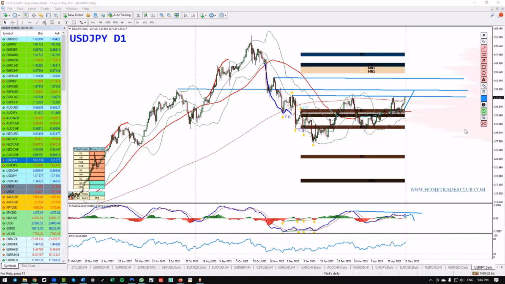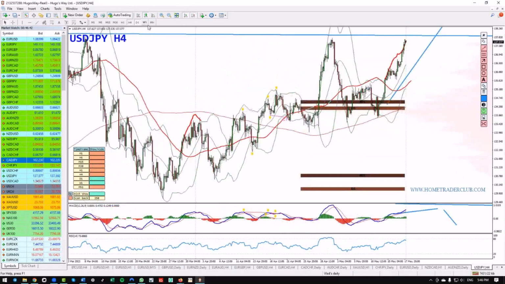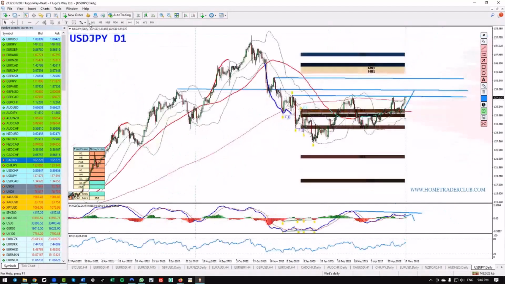Let's go to the lower time frame and see how that could actually happen. Very interesting thing: let's go for a second to the daily chart. If we plot a Fibonacci expansion to measure the levels of this potential ABCD, we will see that the 100 level is very close to the key supply zone.